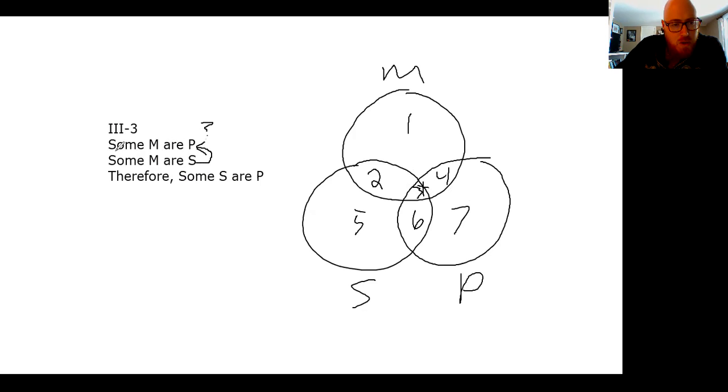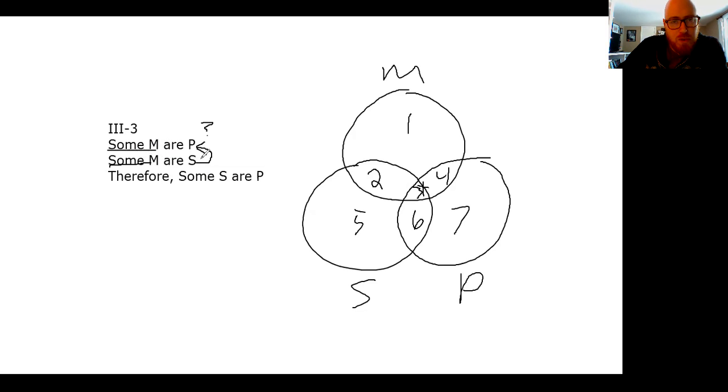If I'm saying there's at least one M which is a P, and there's at least one M which is an S, does that necessarily mean I'm talking about the same object? So there's at least one animal which is a cat. There's at least one animal which is a dog.